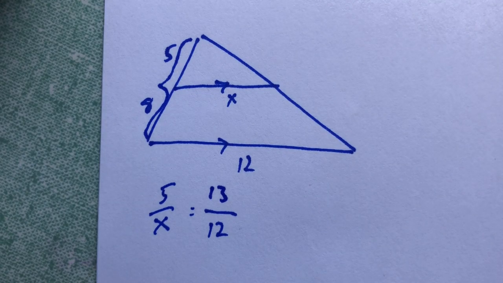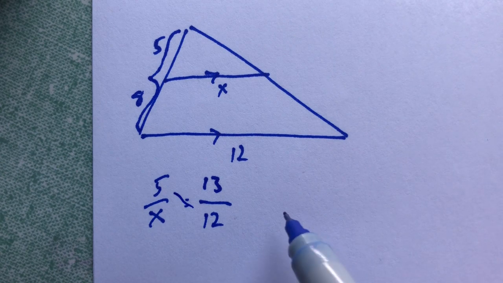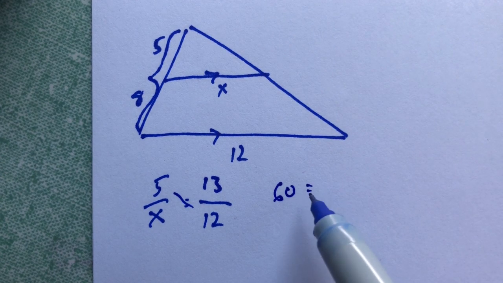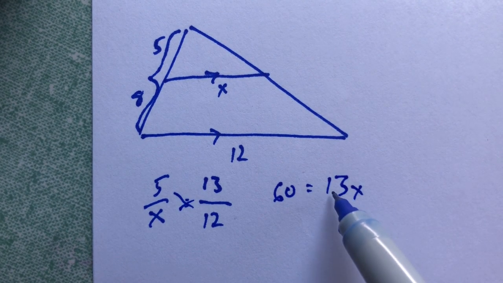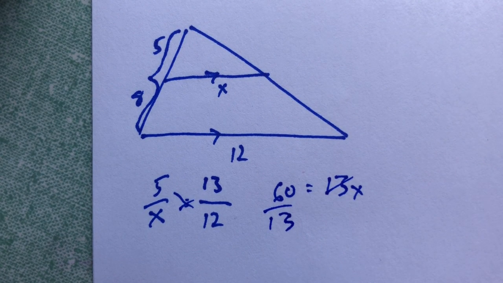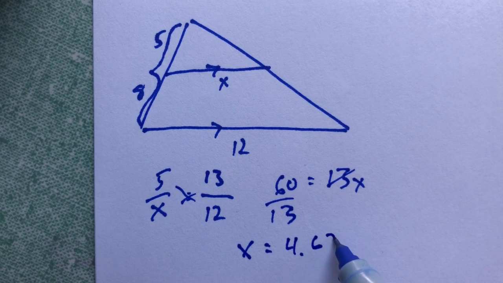We have to be careful on these, but once we get it set up, no problem. It's easy to cross multiply and divide. 5 times 12 gives us 60, 13 times x is 13x, and then we divide by 13. And so we get x equals 4.62.